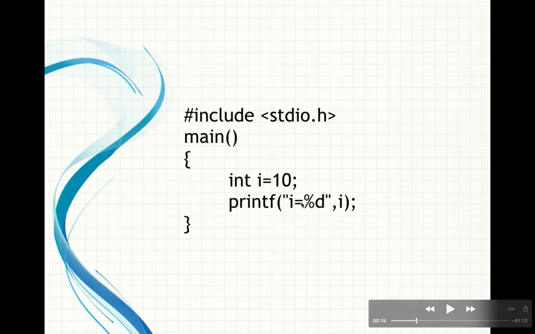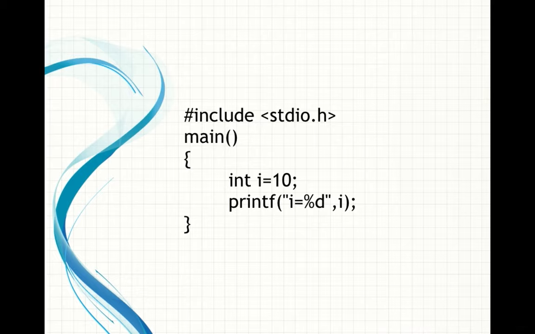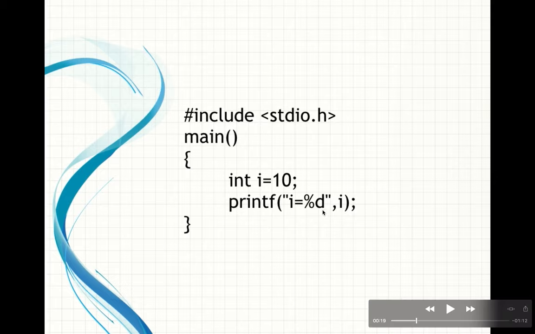But here, I equal to is written within double quotes, so it will be printed as it is, followed by an integer value. Now what is the integer value that will be printed? The first variable after the comma. So I is the first variable after the comma, and the value of I is 10. So in the place of this %d, 10 will be printed, as we all know. Now let us move on to the next.